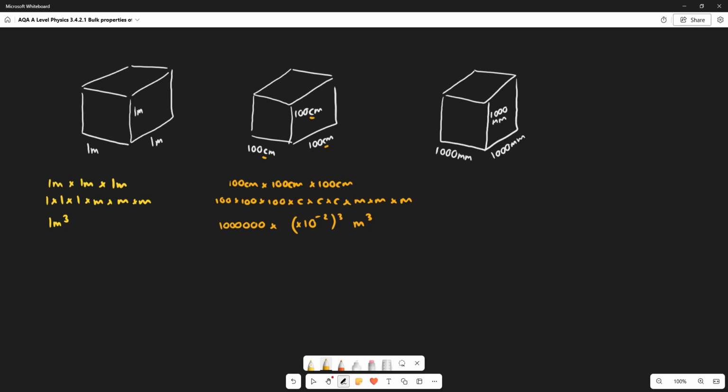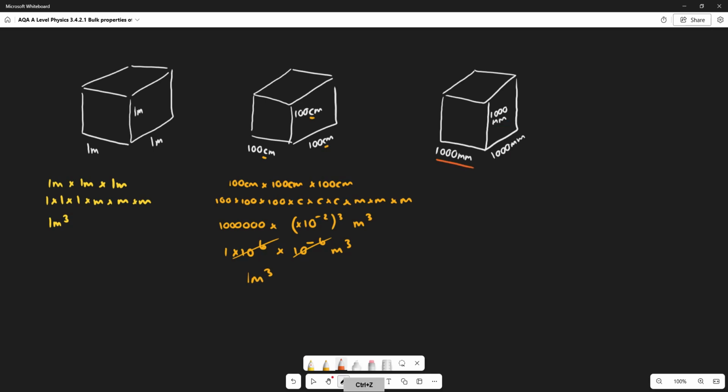If we simplify, we get 1 times 10 to the power of 6 multiplied by times 10 to the minus 6 metres cubed. These cancel, and you can see that a box that is 100 centimetres on each side is 1 metre cubed.